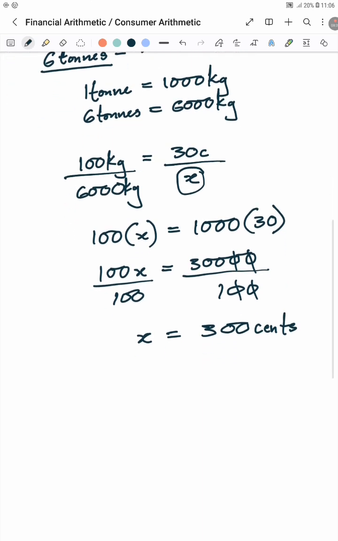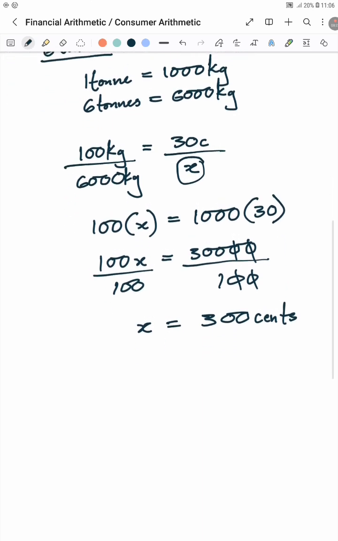So 300 cents is equal to how many dollars? We know that a dollar is equal to 100 cents. Then 300 cents will be equal to $3.